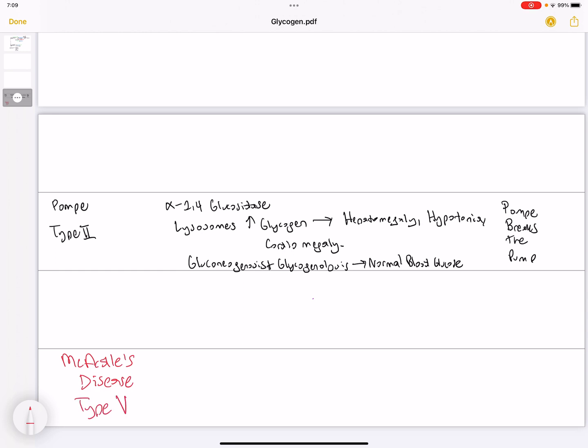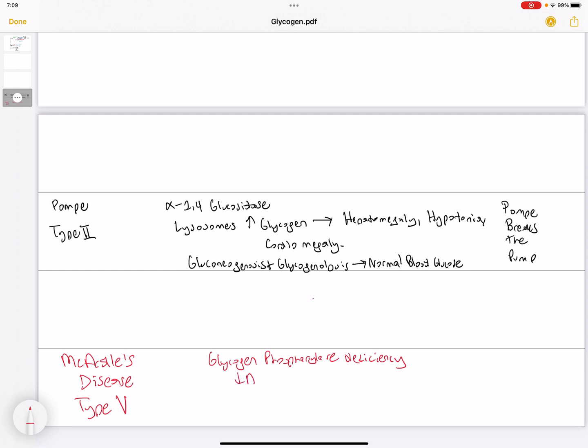So this is going to result in glycogen phosphorylase deficiency due to a decrease in the breakdown of glycogen.